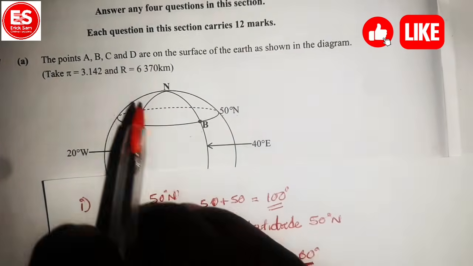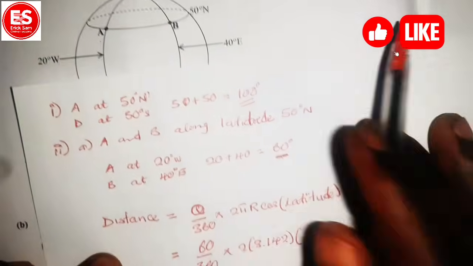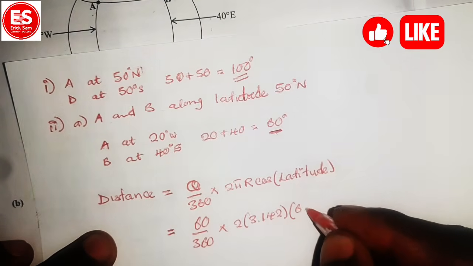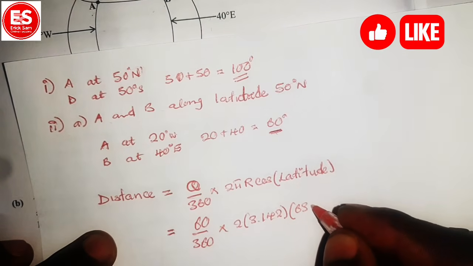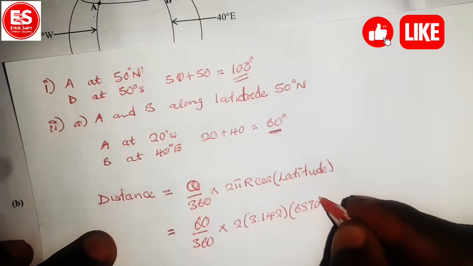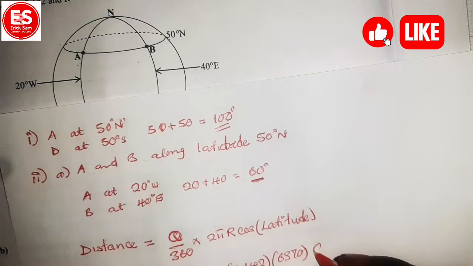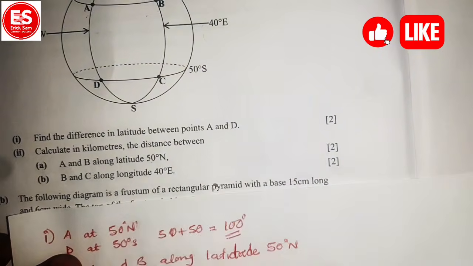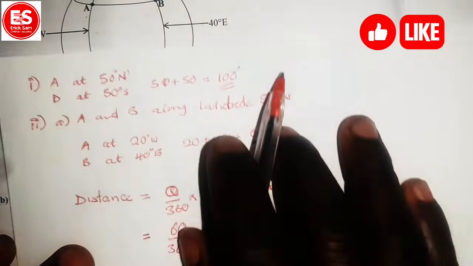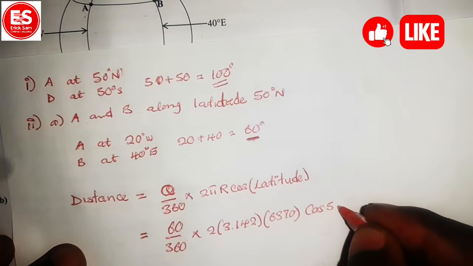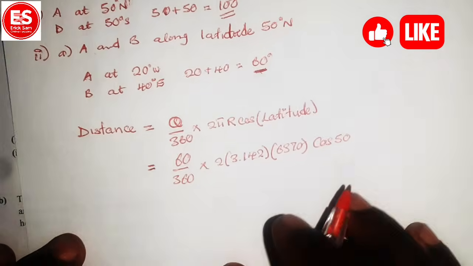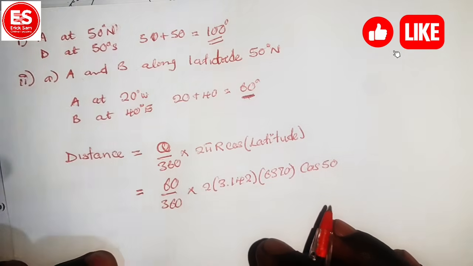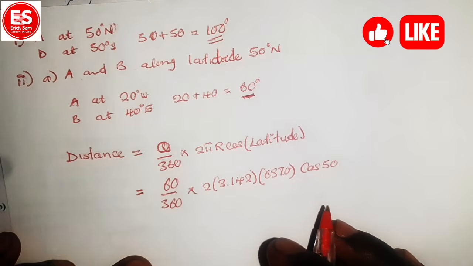We also have been given the value of r, so we write 6370 kilometers. Now cos latitude. What is our latitude? We are dealing with 50, so we write 50 here. Now we can easily simplify things.